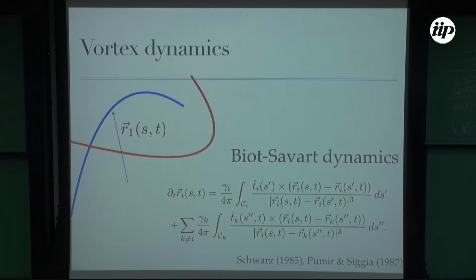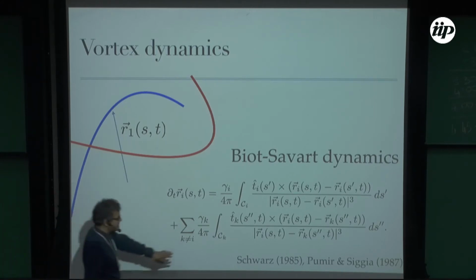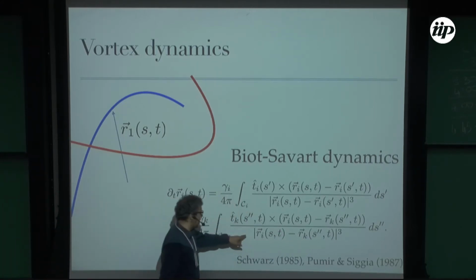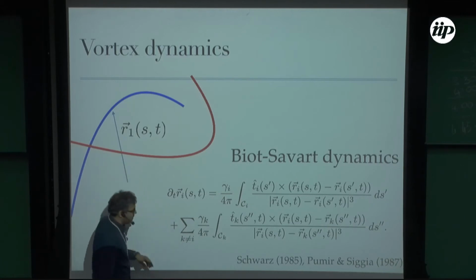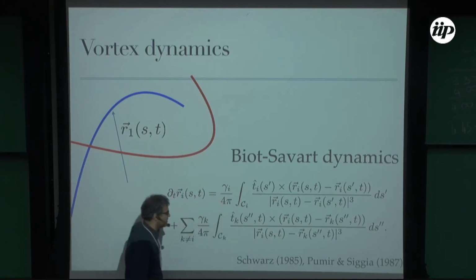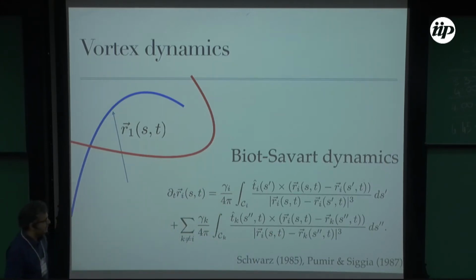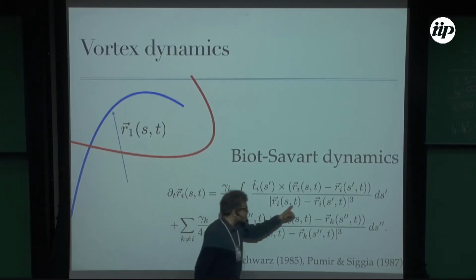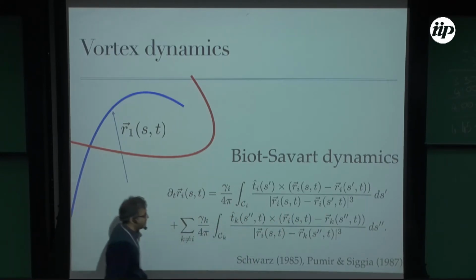And of course, you know that these two filaments are far away from each other, at least at some time. And then this denominator is always finite. But this one, because it's the self-interaction, it is well known since probably Kelvin, this denominator vanishes, then it needs a special treatment.